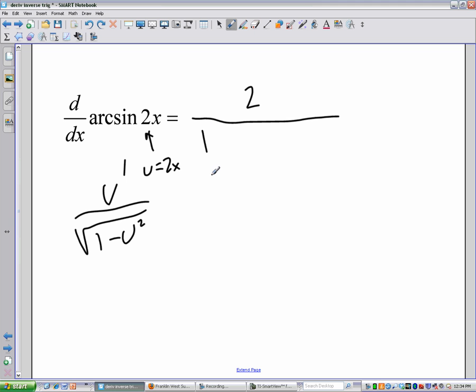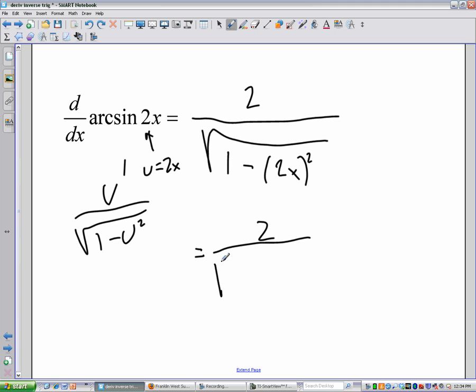And then on the bottom we have the square root of 1 minus (2x) squared, which we would probably rewrite as 2 over the square root of 1 minus 4x squared. And then that's it. We know the pattern, we know what we're aiming for, we just figure out what u is, u prime over the square root of 1 minus u squared. That's the derivative of the arc sine.